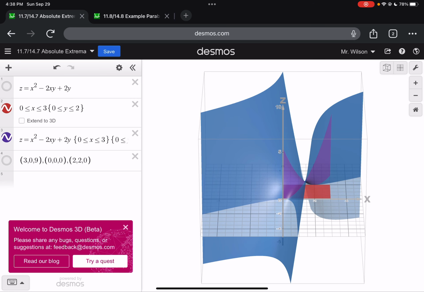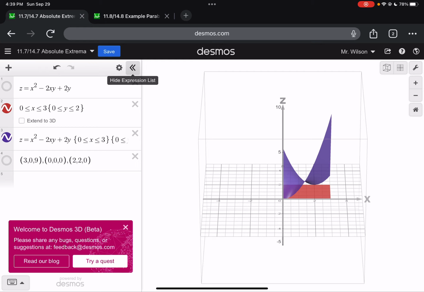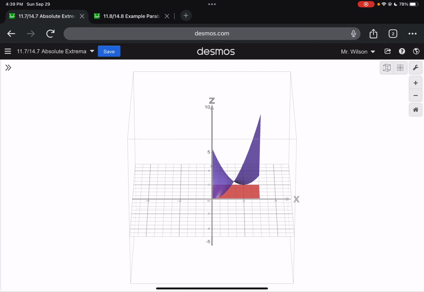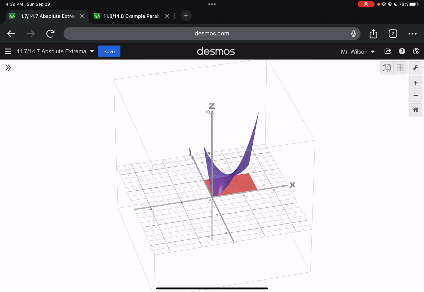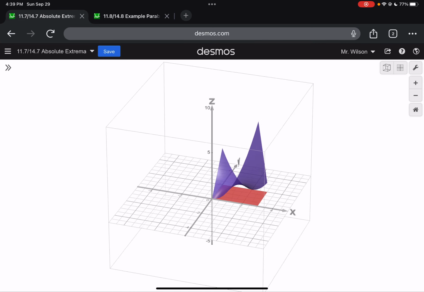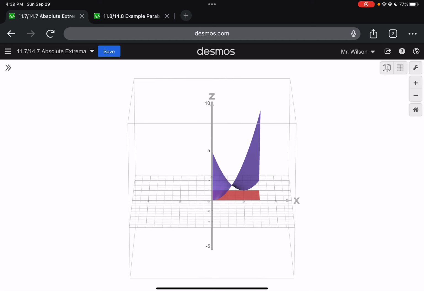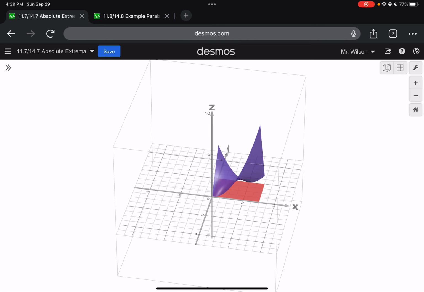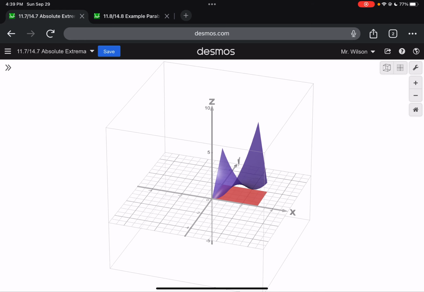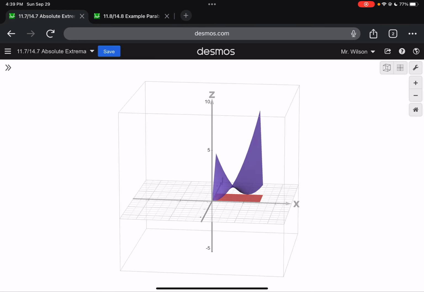So now let me go ahead and take off the function. Now I think it's a little clearer to see. You can see where the saddle point is, right, at (1, 1). And you can see where these max and min values are. So you can see at (0, 0), we have a min, and at (2, 2), we have a min. And then the maximum, I think, is pretty obvious.